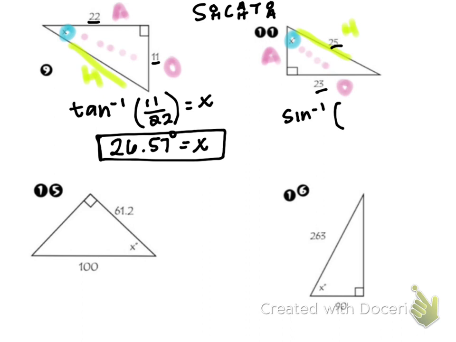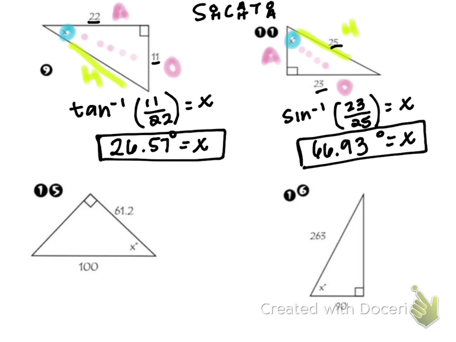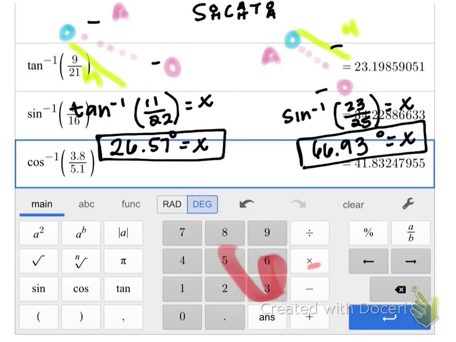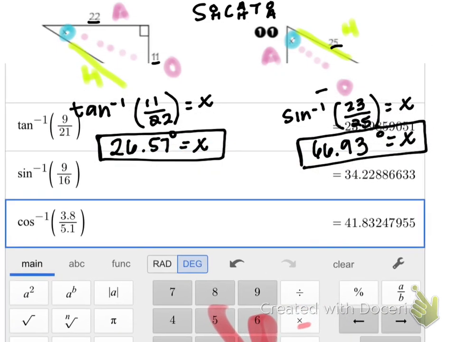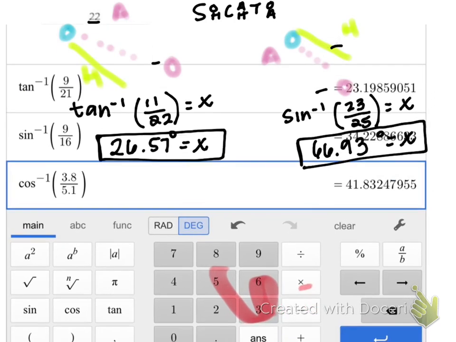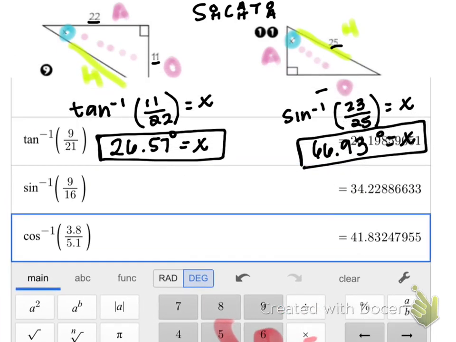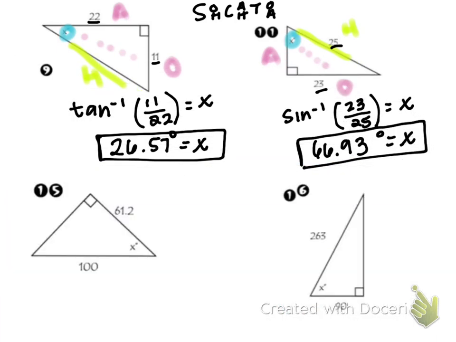So sine⁻¹, O, 23 over H, which is 25, equals X. Pop that in your calculator. When you put it in your calculator, it looks like this, 66.93 degrees. And I'll show you what it looked like when you put it in your calculator, so you can check if you did it incorrectly. Let's see, this would be number 11.